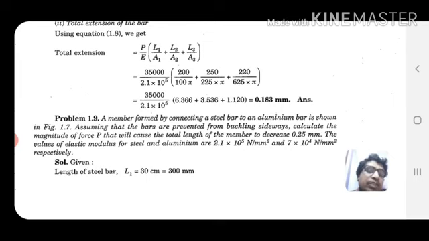So 6.366 plus 3.536 plus 1.120, that is equal to 0.183 millimeter.